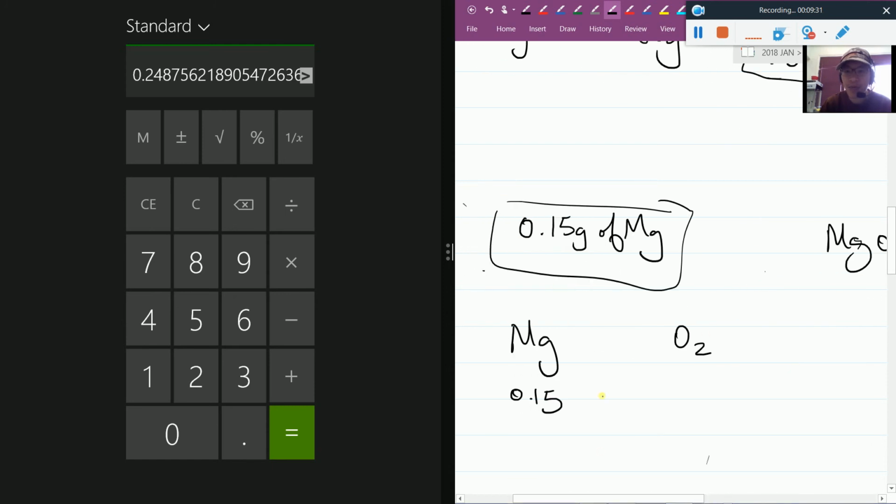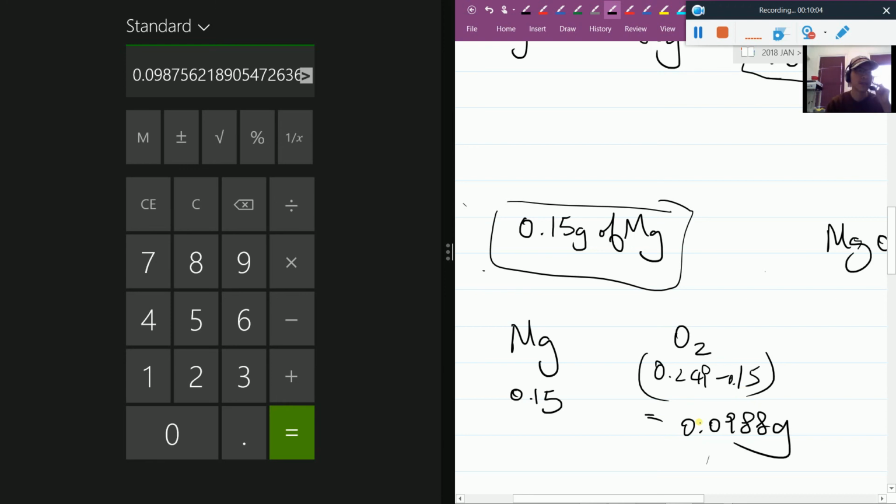And 0.249 take away 0.15 would give us 0.098. 0.0988 grams of oxygen.